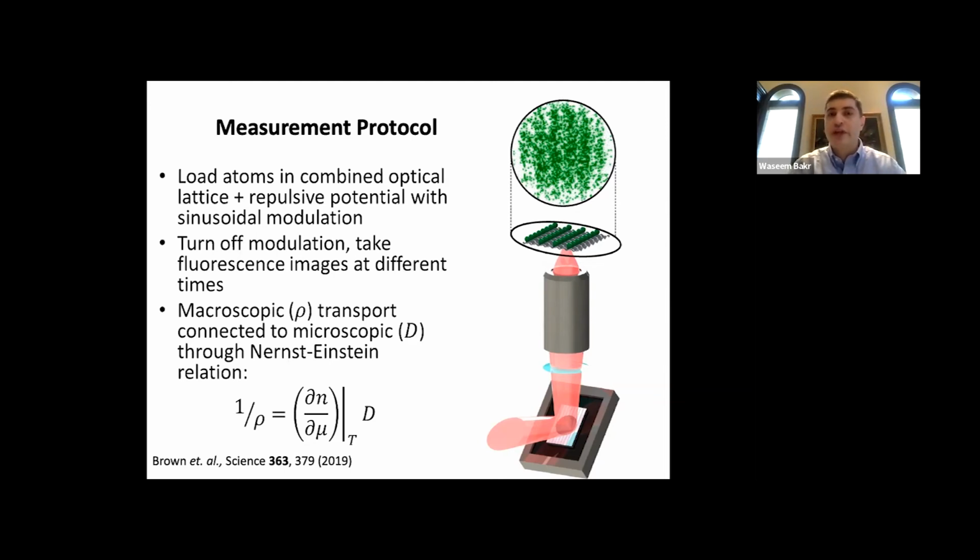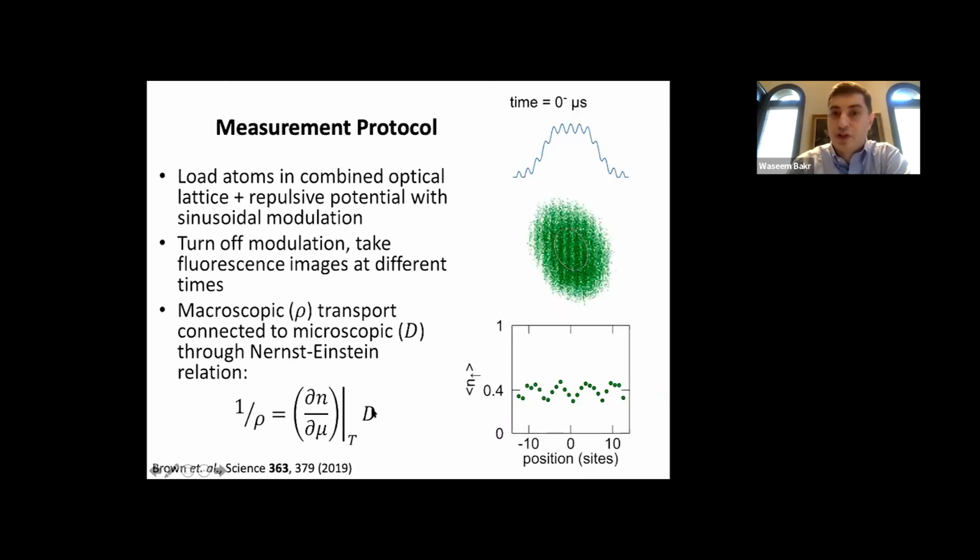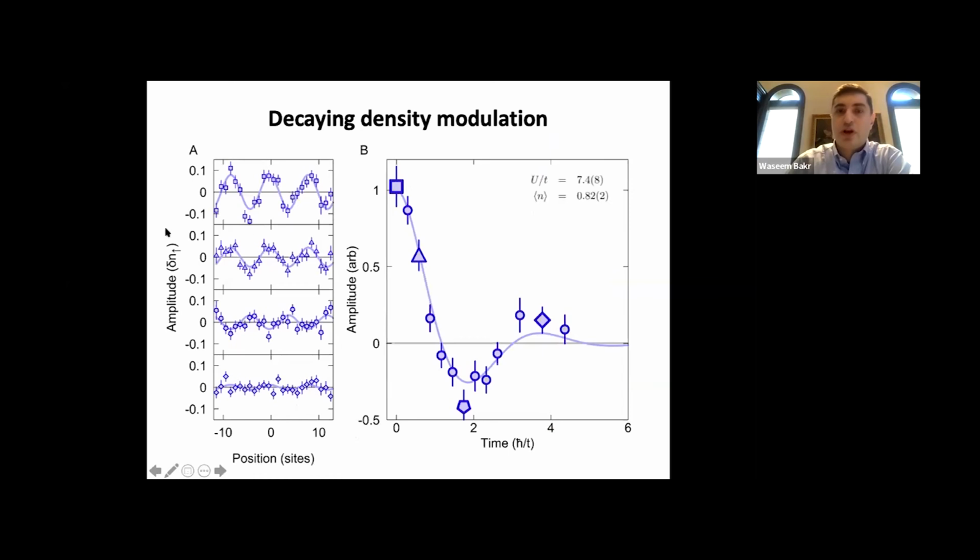And by watching their dynamics, we're going to reconstruct the diffusivity, essentially. So here's a picture: at time equals 0, you have these stripes, and then we let the atoms diffuse, and sometime later we just reach equilibrium, and from that we'll extract the diffusivity. So we can fit basically the amplitude of this sinusoid. That's what's shown here. So we start at amplitude 1, and then we watch how the amplitude decays, essentially.